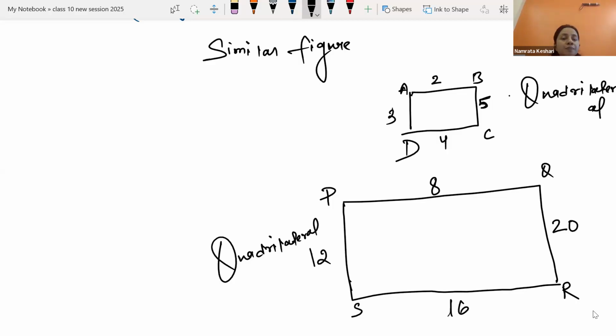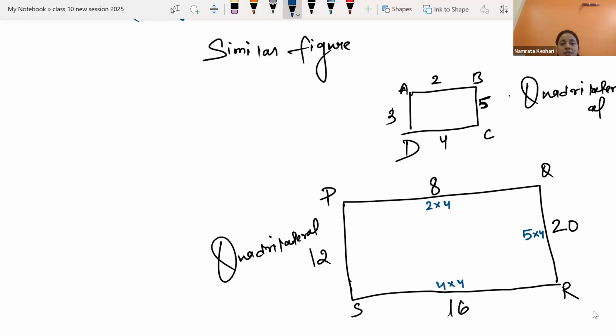Now the size, if you notice carefully, you will find that here AB is 2 centimeter and here PQ is 2 into 4, that is 8 centimeter. Here BC is 5 centimeter and here QR is 5 into 4, that is 20 centimeter. Here CD is 4 centimeter and here your SR or RS is 4 into 4, that is 16 centimeter.